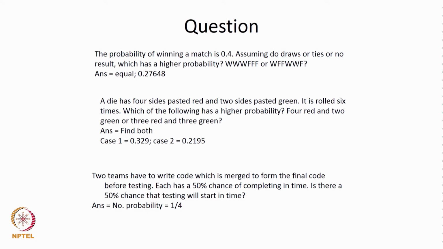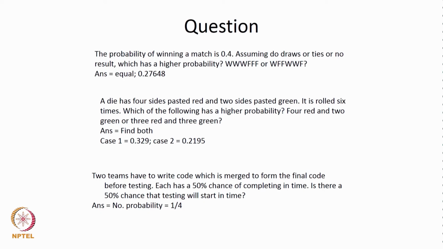A die has 4 sides pasted red and 2 sides pasted green. It is rolled 6 times. Which has a higher probability, 4 red and 2 green, or 3 red and 3 green? Even though this question is about a die, it is not about the numbers 1 to 6, therefore we should not use the probability of 1 by 6 and so on. Now, this has 4 sides pasted red and 2 sides pasted green.